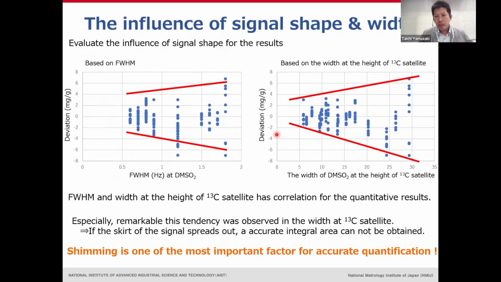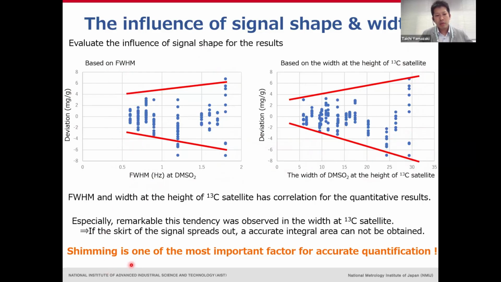The right side is based on the width at the height of the carbon satellite. Both tendencies are almost the same. In the case of large width, the variation and bias deviation are larger. And of course, a sharper signal gives good repeatability.